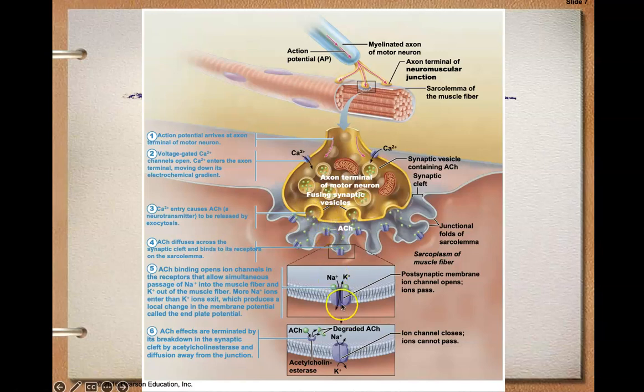Sodium rushes in and some potassium rushes out, and that causes a change in the electrical membrane potential of this area of the membrane. That stimulates the opening of more of these gated ion channels, propagating this action potential down the sarcolemma.